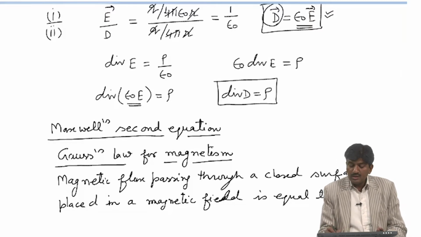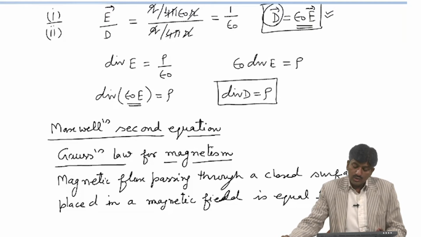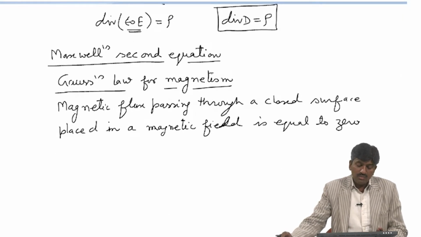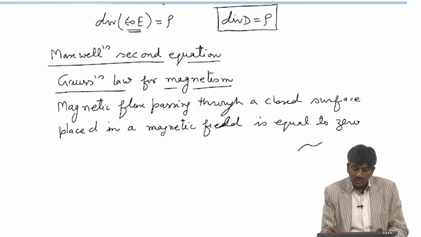The magnetic flux passing through a closed surface placed in a magnetic field is equal to 0.